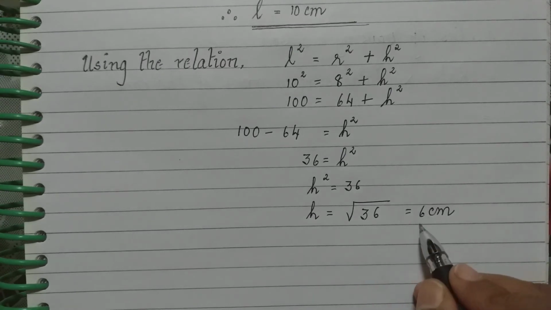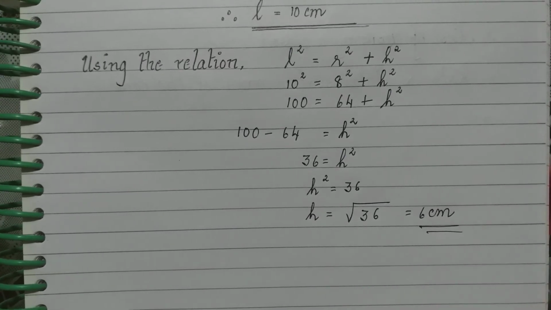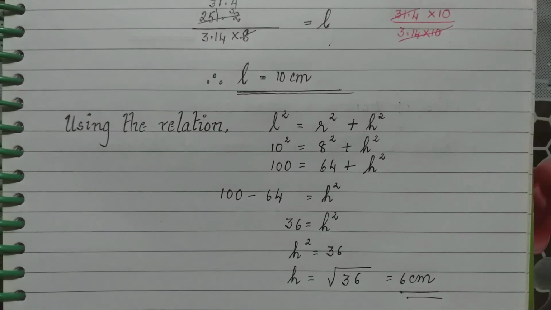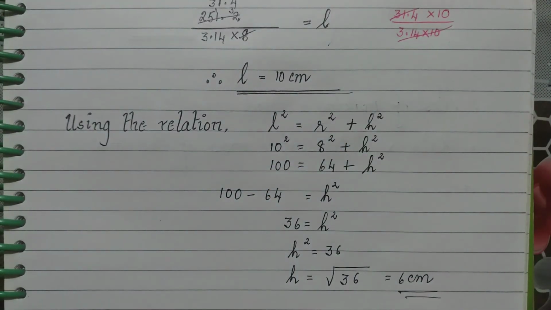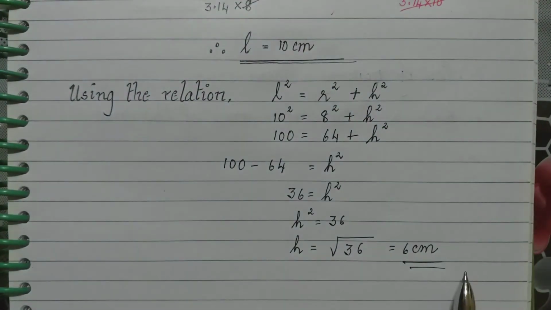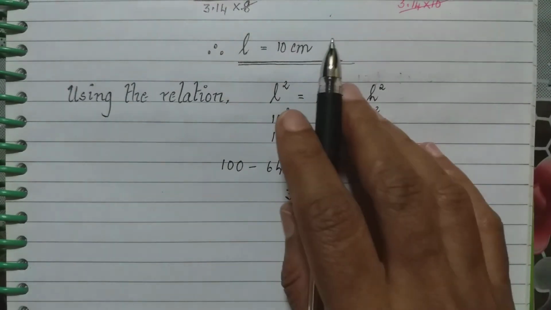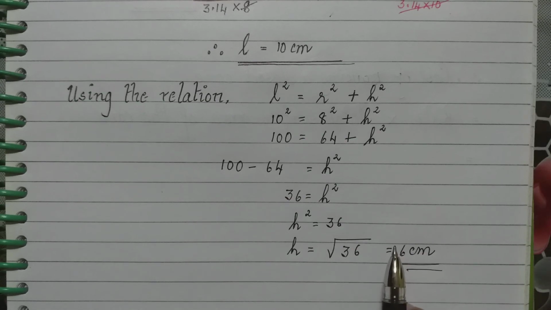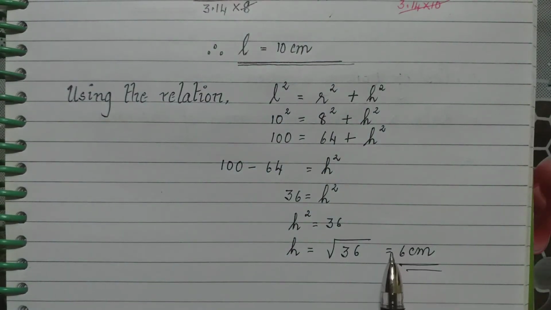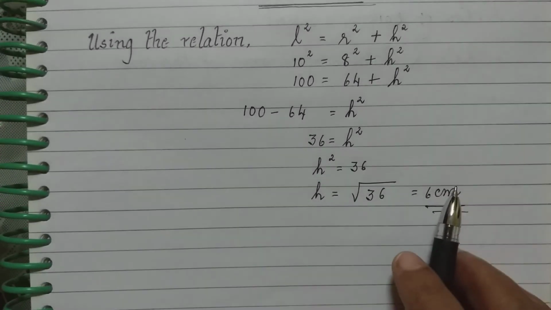Okay, so we have found now the perpendicular height. So now we have both the slant height and the perpendicular height. Notice always the slant height will be more than the perpendicular height, because the perpendicular height is always the shortest. So we can write in a sentence, since I have asked both the slant height and the perpendicular height of the cone.